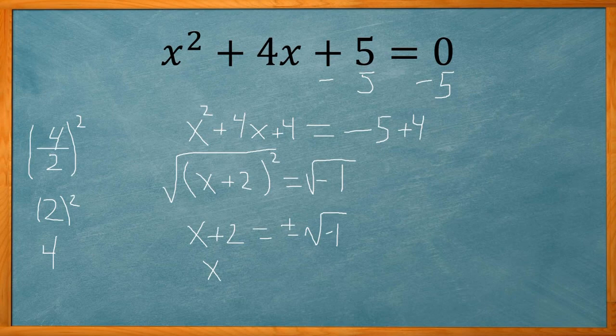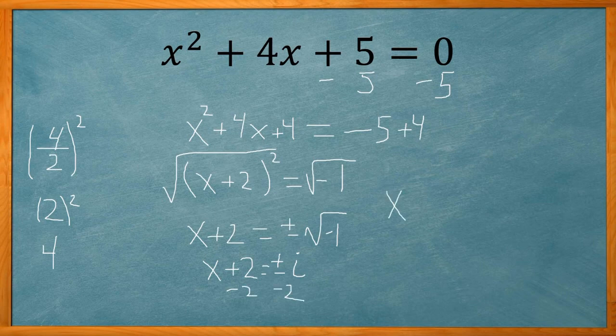And we just talked about it in the last problem. You can't take the square root of a negative number. So you end up changing that to 1i, or in this case just i. Alright, so x plus 2 equals plus or minus i. And then I'm going to subtract 2 from both sides.